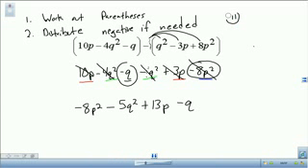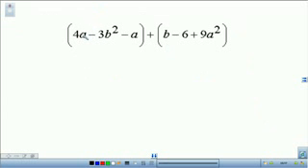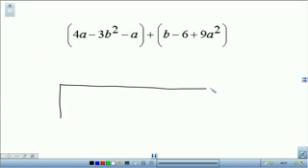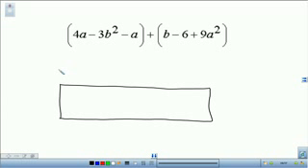Okay, unpause. Just one more quick example. 4a minus 3b squared minus a plus b minus 6 plus 9a squared. I want you to work this out on your own and write the answer in a box on your page.